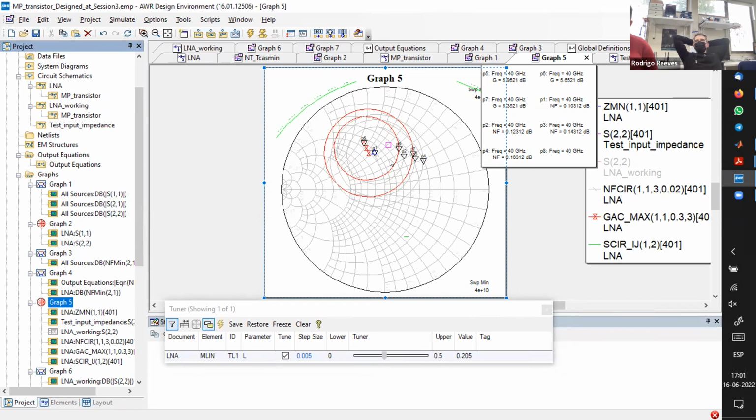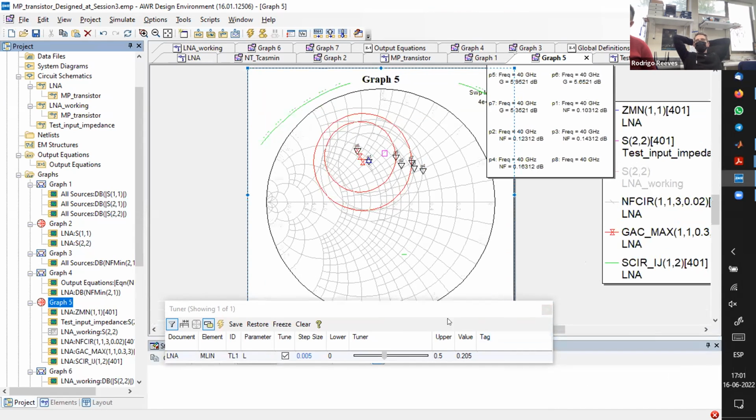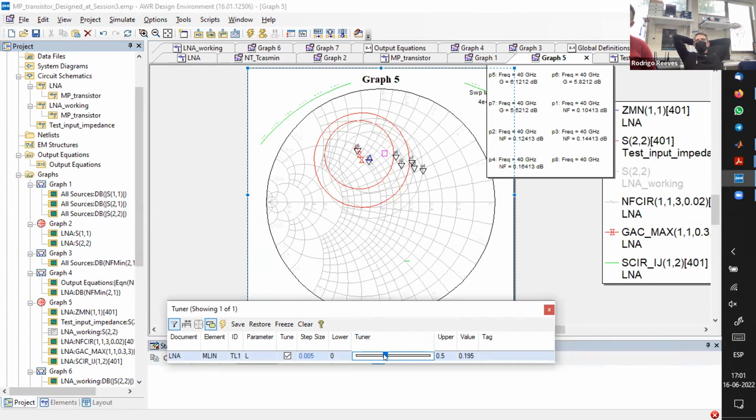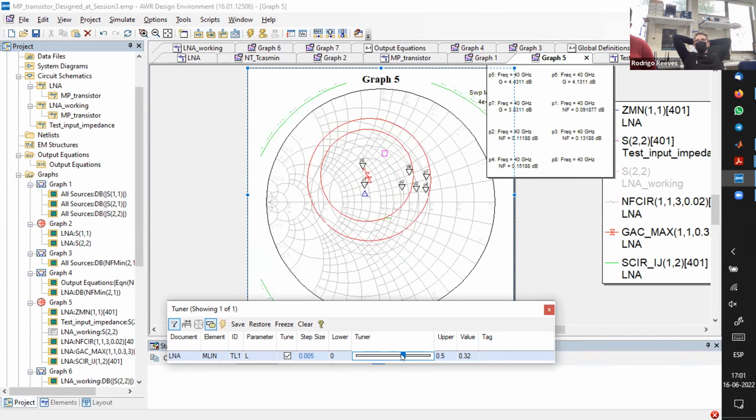So you can now see that with a certain feedback, you can put the gain match, which is the conjugate match in this case because the transistor is unconditionally stable, and the S opt on top of each other. So your matching would be good and your noise would be good.